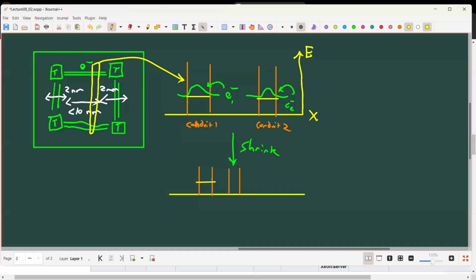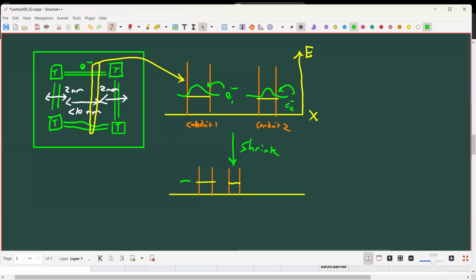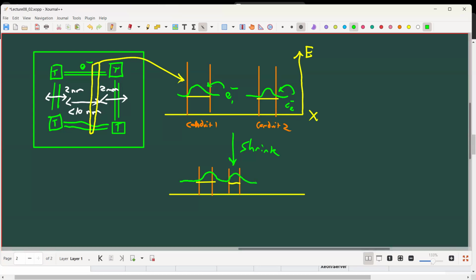So what you'll find is that when you draw these wave functions for these 2 states, these 2 potentials where an electron is allowed to exist, the electron will begin to share its wave function with the other one. There's going to be some interconnection between the two. There's some probability that this electron can end up over here, and some probability this electron can end up over here.